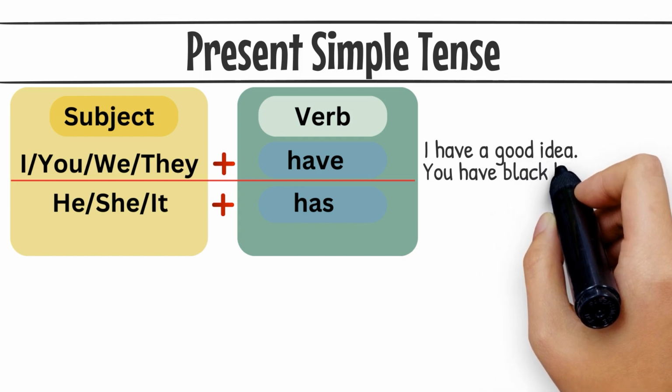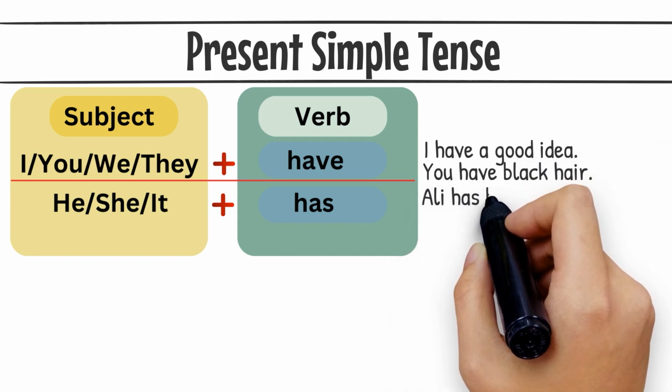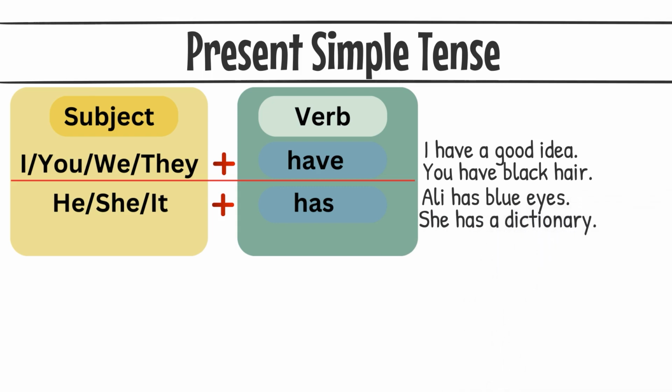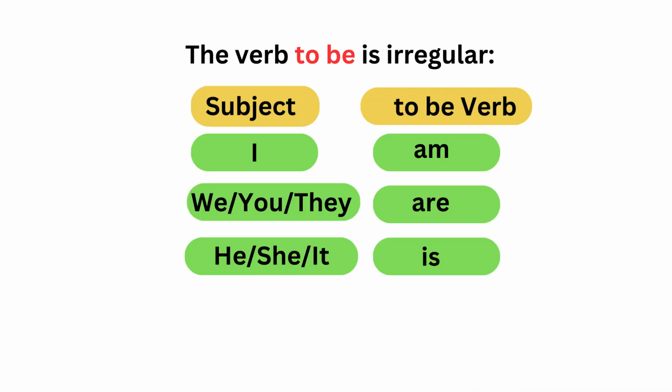You have black hair. Ali has blue eyes. She has a dictionary. It's important to remember that the verb to be has its own forms, like I am, we are, you are, they are, he is, she is, it is.